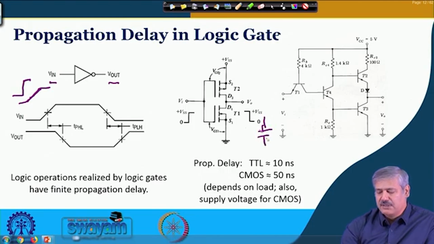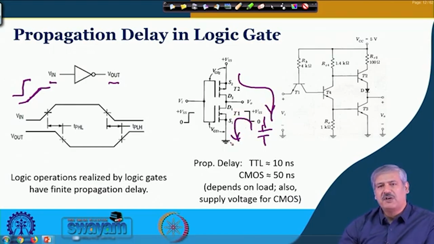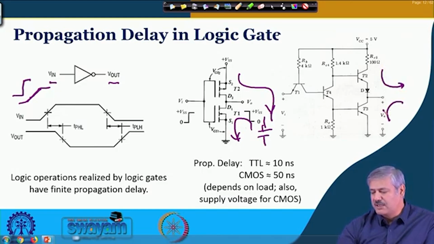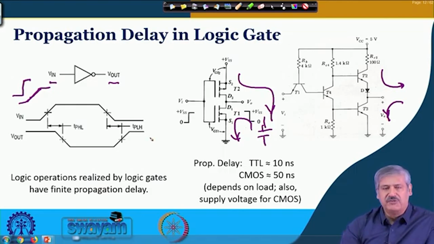The charging path and the discharging path are different, so there is a small difference between these two values.